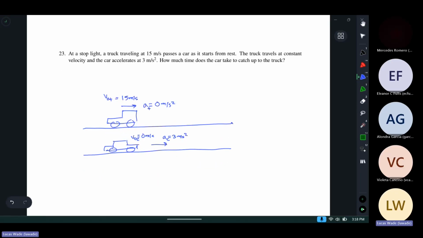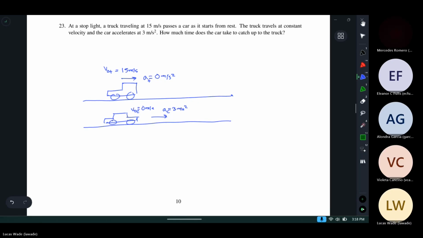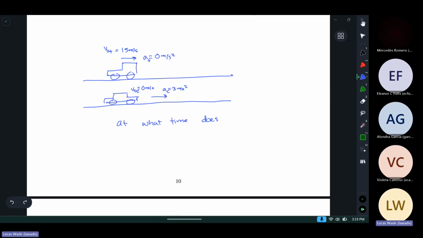So the car is going to catch up because it will gain 3 meters per second of speed each second. Catching up means they're at the same position at the same time. So the question is, at what time does the position of the truck, X truck, equal the position of the car?